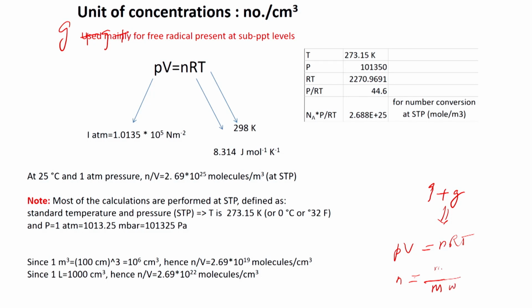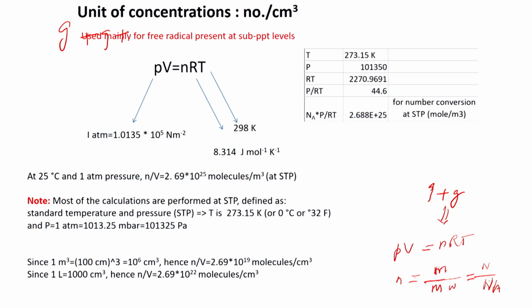Then this can also be written as the number of atoms, molecules or ions divided by Avogadro number. Remember this equation. These are the two very important things here.